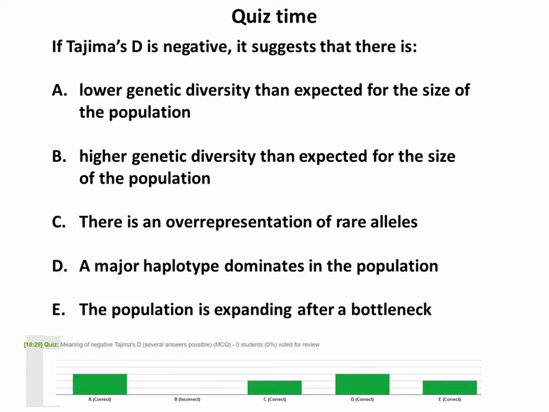And that means that basically the observed genetic diversity for this already large population is lower than what you would expect in equilibrium. So because of that, you have lower genetic diversity than expected for the size of the population, so you have Tajima's D which is negative. Because again, the population is growing, but the genetic diversity is not very high yet. It's really similar to the situation in the bottleneck.